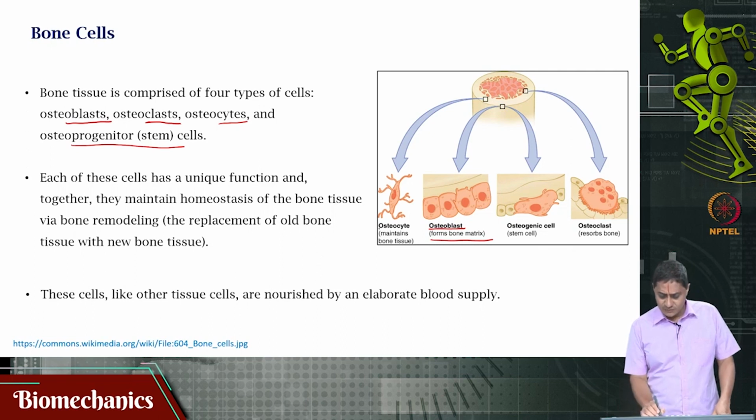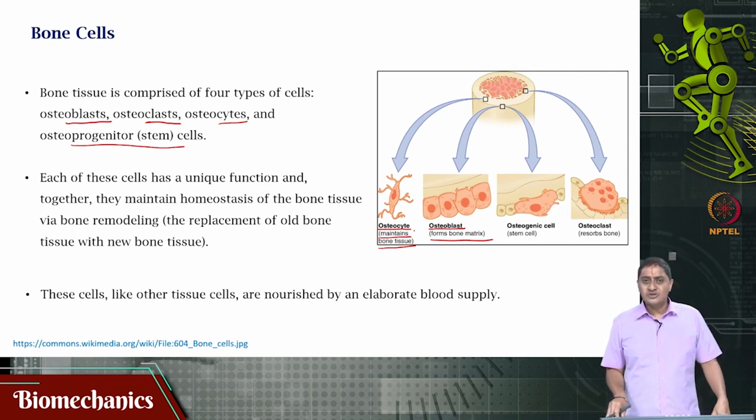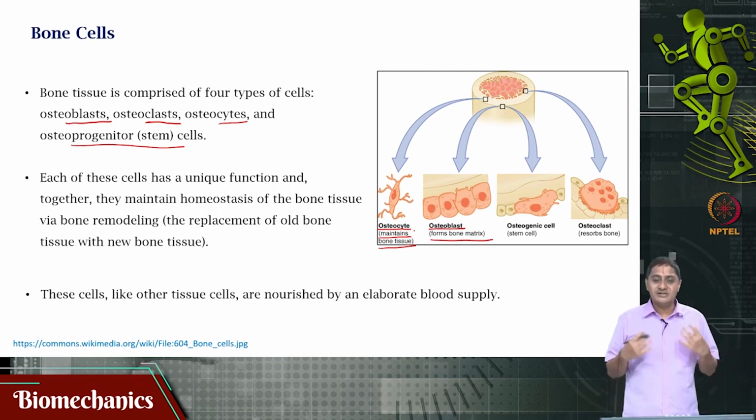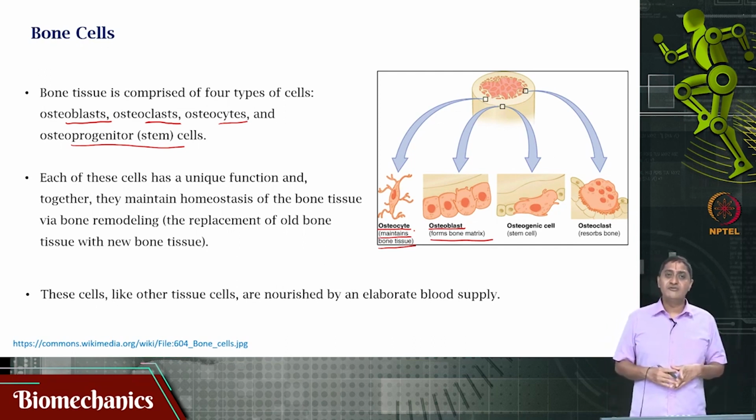This is what maintains the bone tissue. Osteocytes are not like osteoblasts, which secrete these materials. Osteocytes do not secrete them, but they are surrounded by the materials that they have secreted, and they live for many years, possibly 20 or 25 years.